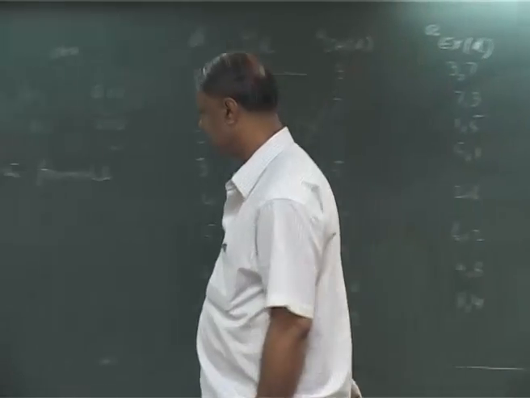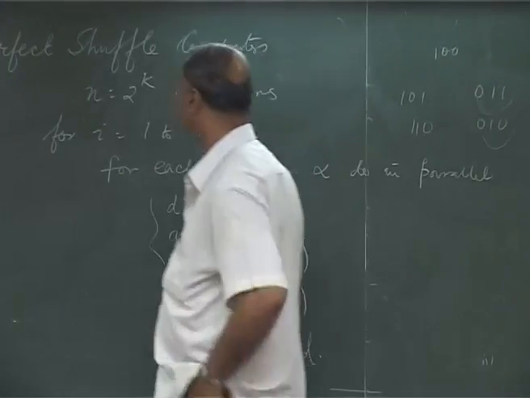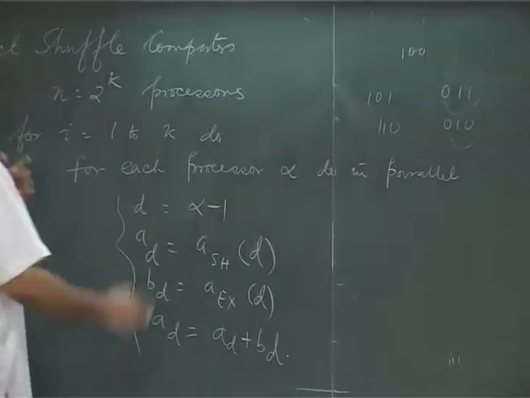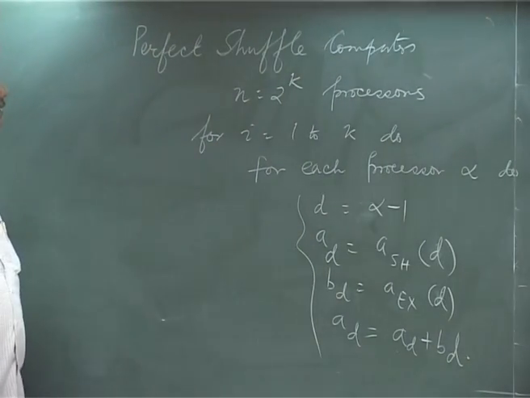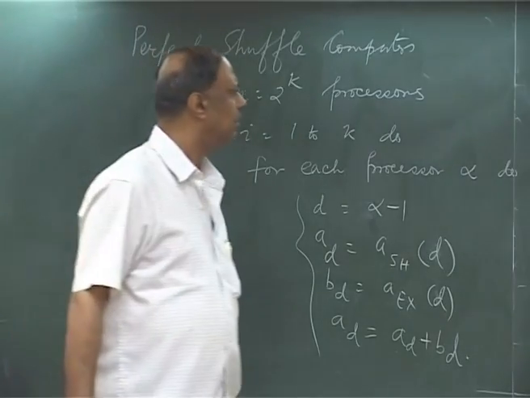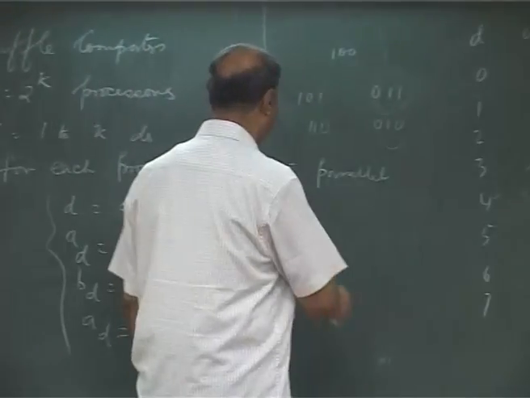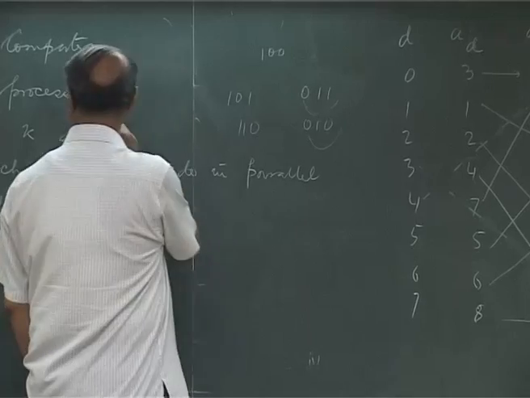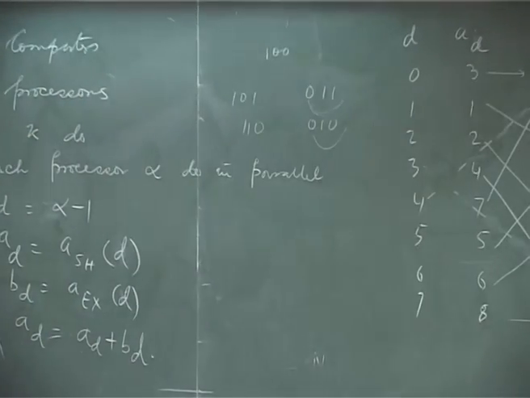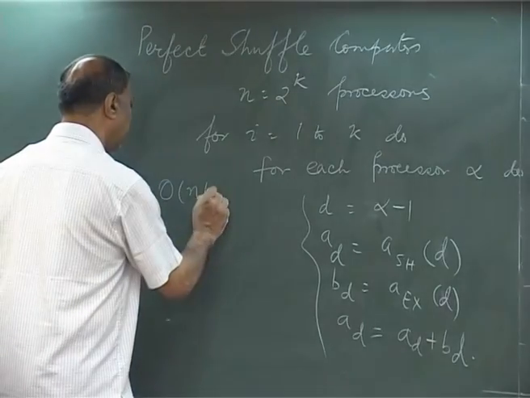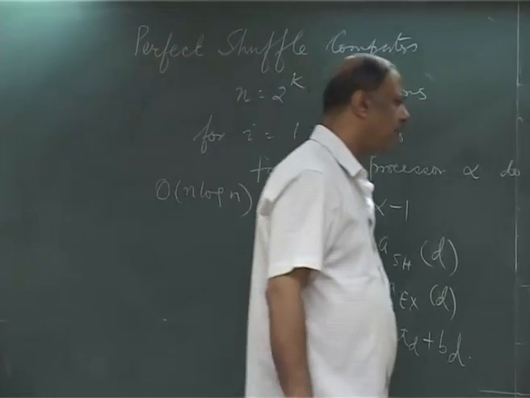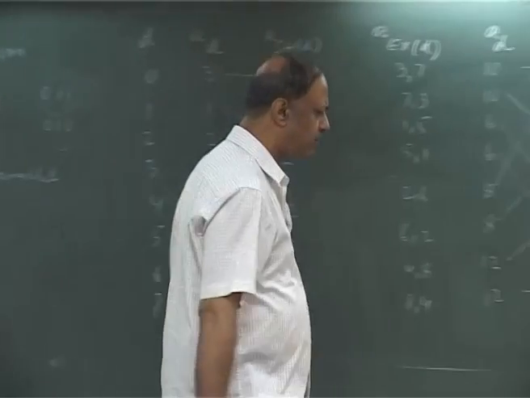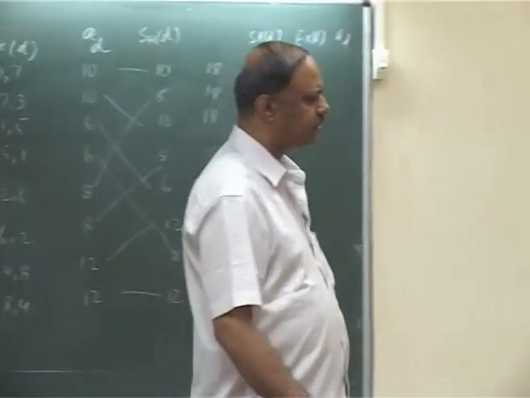Okay, so this is the way you can do it, because you observe that it takes order k time to find the sum of 2 to the power k elements. This can also be obtained as a cost optimal parallel algorithm, because at this moment it is not cost optimal, it is an order n log n algorithm. In order to get the cost optimal algorithm, you assume that you have n by log n processors and n elements.